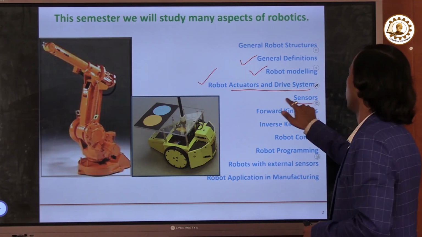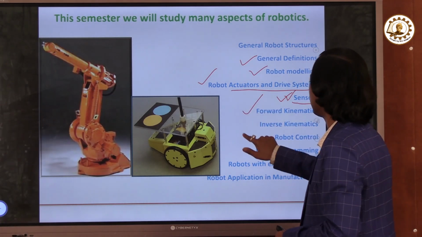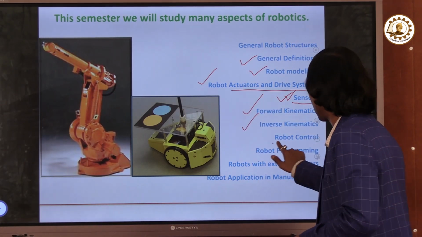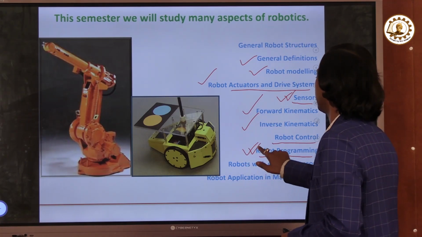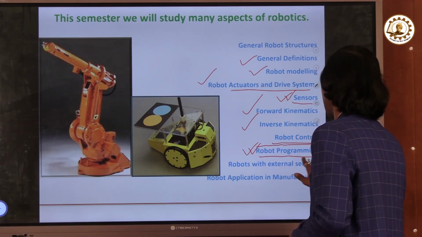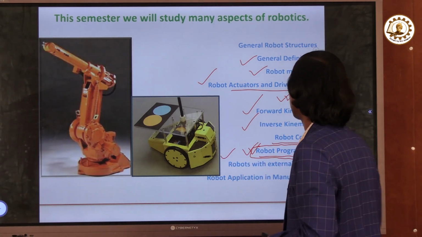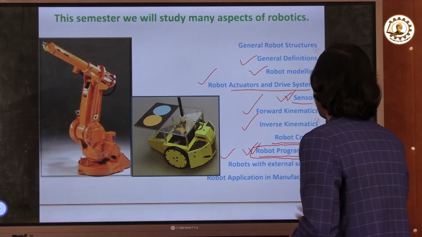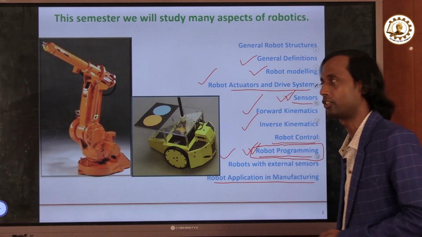Then sensors, another very important topic. Then forward kinematics, inverse kinematics, robot control, robot programming. This is a very important part of the robotics subject. And robot with external sensor and robot application in manufacturing industry.